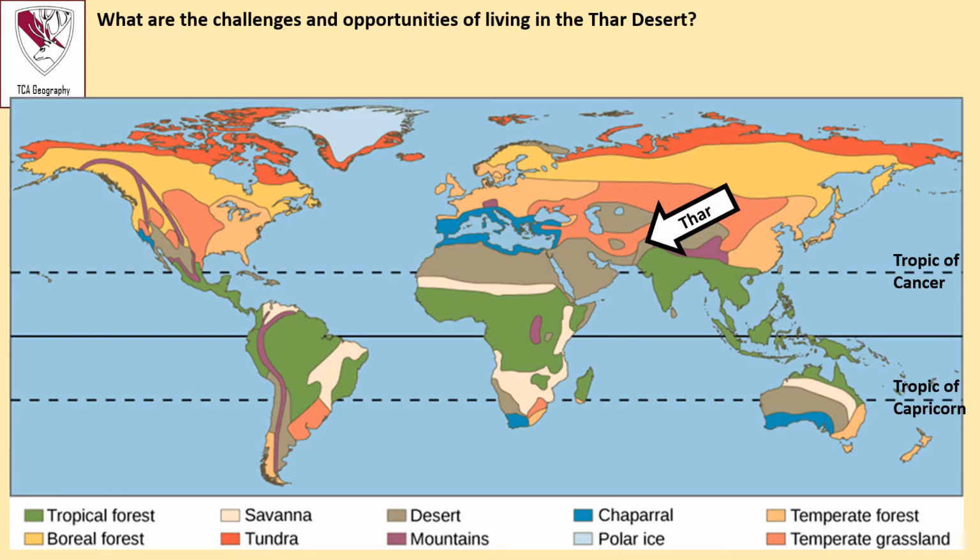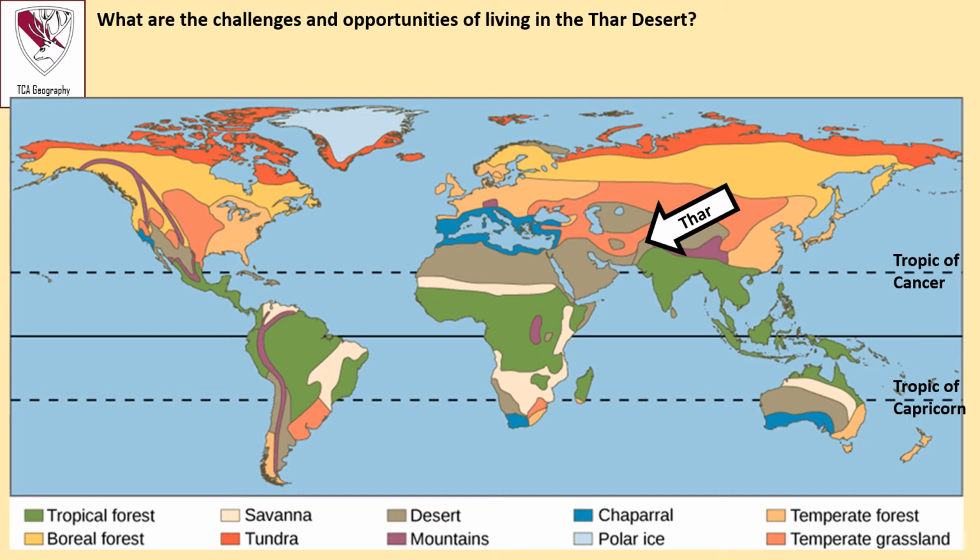Here's the map we've been using throughout this unit of work, and there's an arrow there pointing to the Thar Desert. As you can see, it's just north of the Tropic of Cancer.